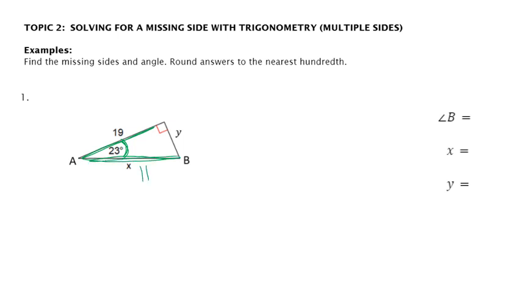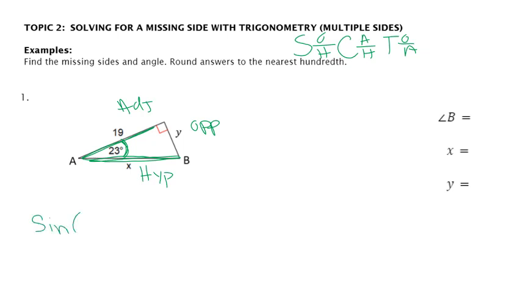So this is my hypotenuse, my opposite, my adjacent. I'm still using SOHCAHTOA. And so you might notice you have lots of variables here. I'm just going to write them all out and we'll see where we go from here, because there are lots of different ways to do this problem.